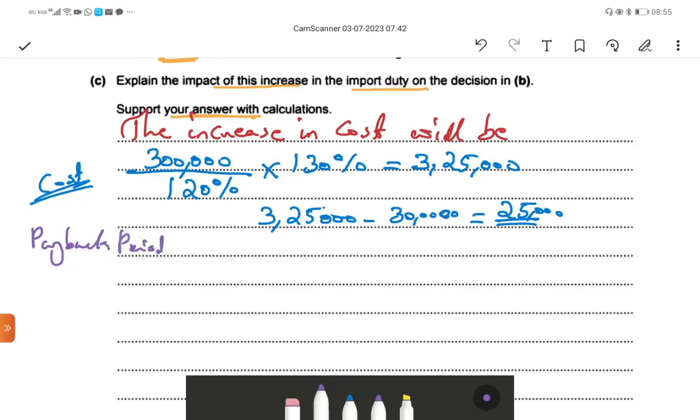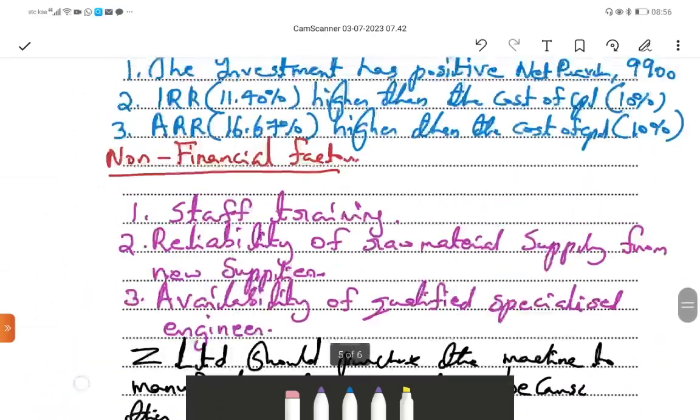Payback period will be, because before it was 325 minus the payback period. You know the equation of the payback period: the cost before recovery, and now the unrecovered cost in the next year. So here that will become 325 minus what we have done here.